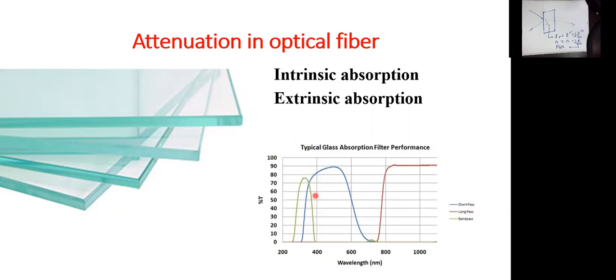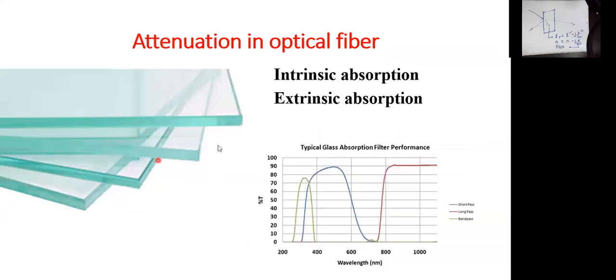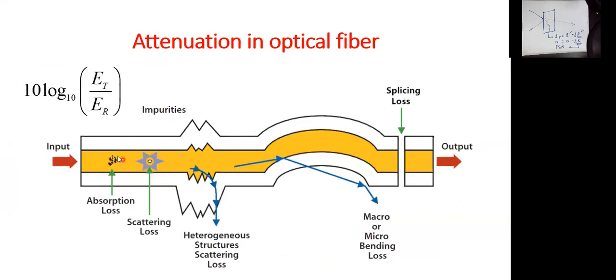That justifies why there is an absorption effect in the optical fiber. Actually, this is typically due to some iron component in the glass. This is some sort of impurities, maybe in the glass fabrication. Of course, the lower the quality of the glass, the higher the absorption. So this is why we may have absorption in the optical fiber, and this is one of the sources that contribute to the attenuation in the optical fiber.